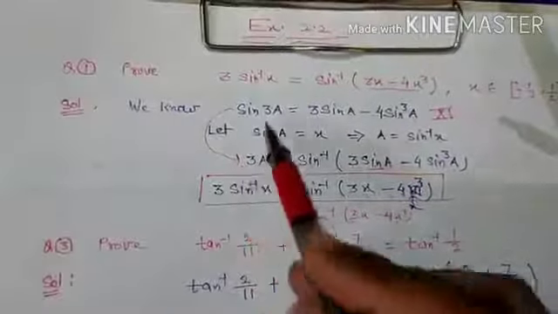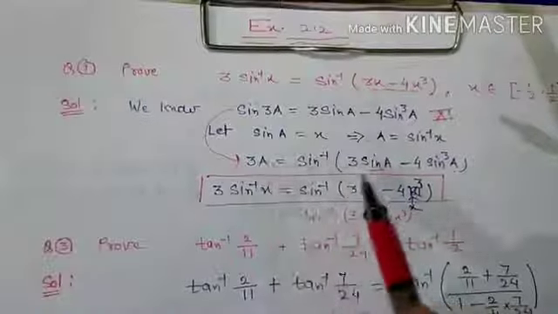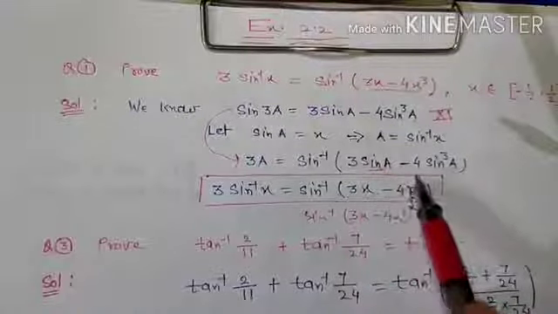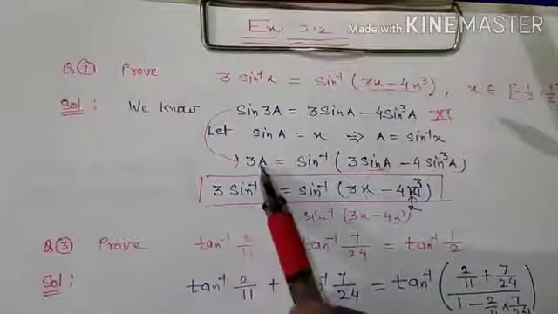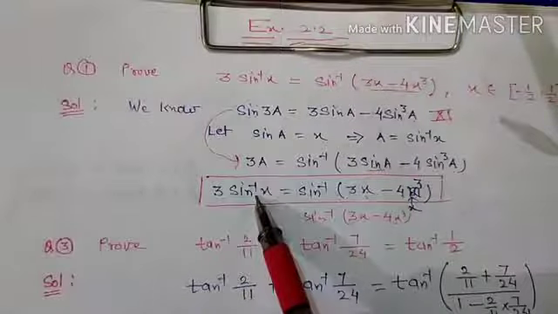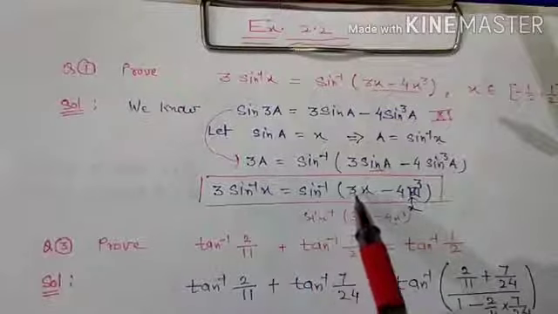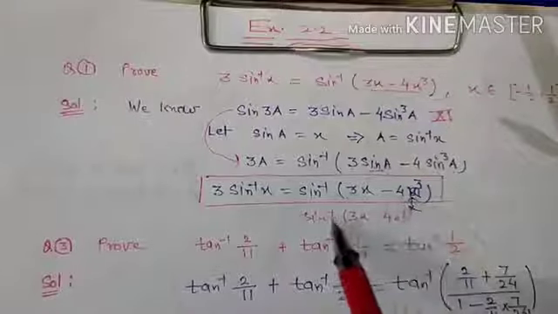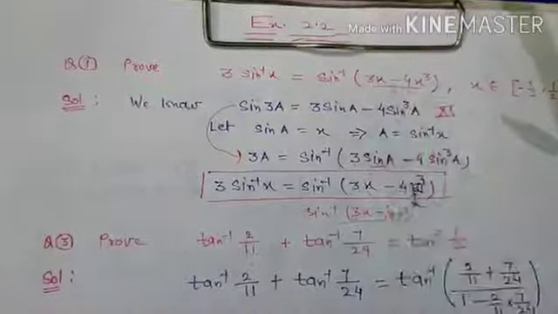So 3a, if I shift the sine to the other side, will be sine inverse of 3 sine a minus 4 sine cube a. Now I can say a as sine inverse x and sine a as x. So I'll be getting sine inverse of 3x minus 4x cube, which I need to prove.